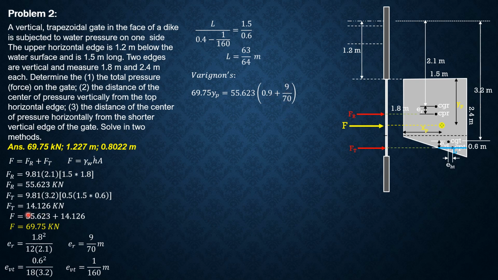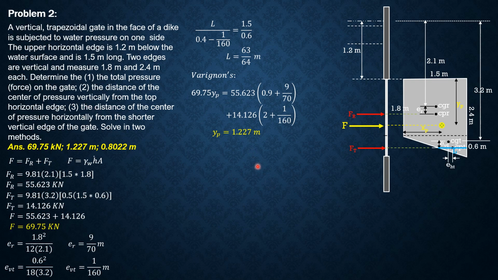Then plus the force of the triangle, 14.126, whose distance from the top edge is 1.8 plus 0.2, so that's 2 plus e vertical of the triangle: 14.126 times the quantity 2 plus 1 over 160. Two is 1.8 plus 0.2, where 0.2 is 1/3 of 0.6, then we add e vertical of the triangle. Solving for y_p is 1.227. So it's the answer there.